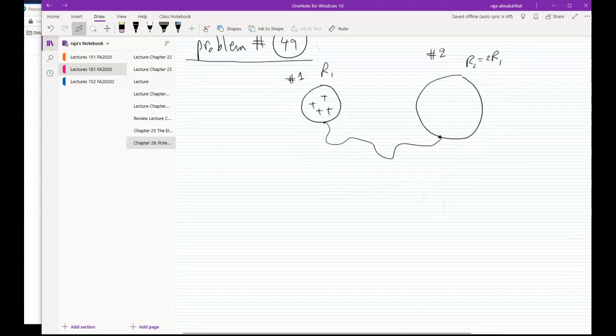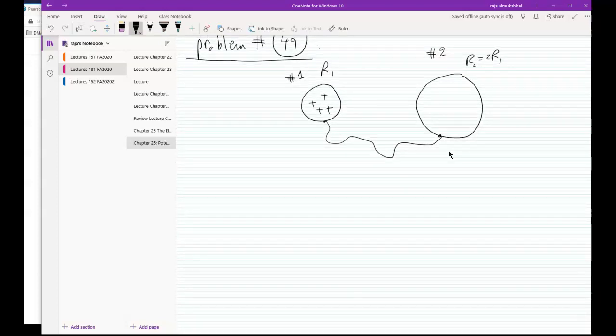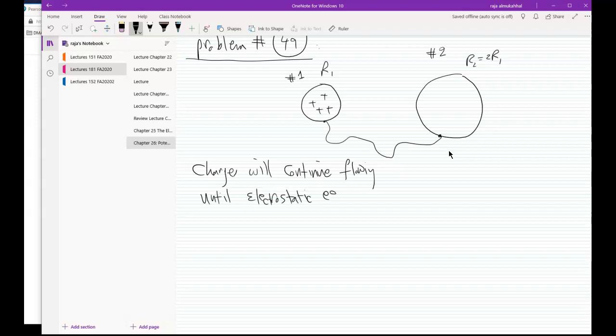Okay, so charges will continue flowing until an electrostatic equilibrium is reached, right?